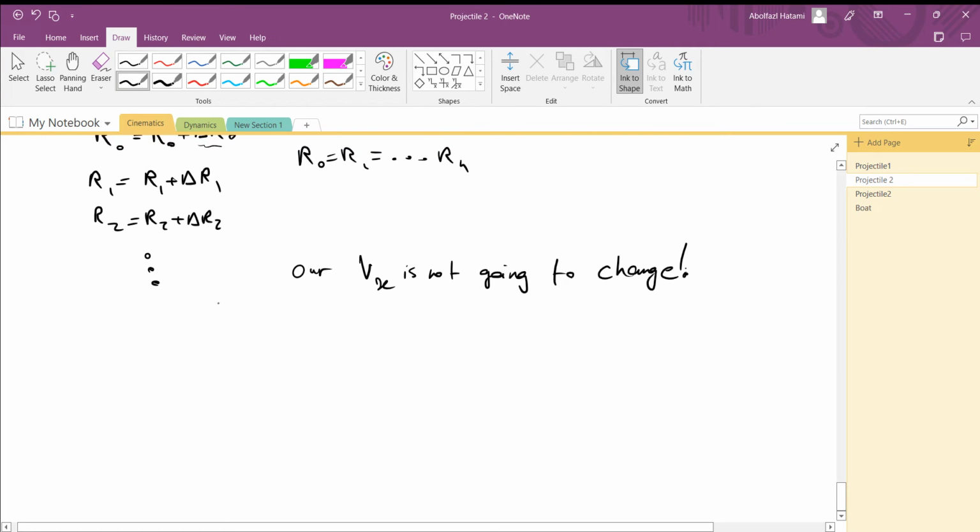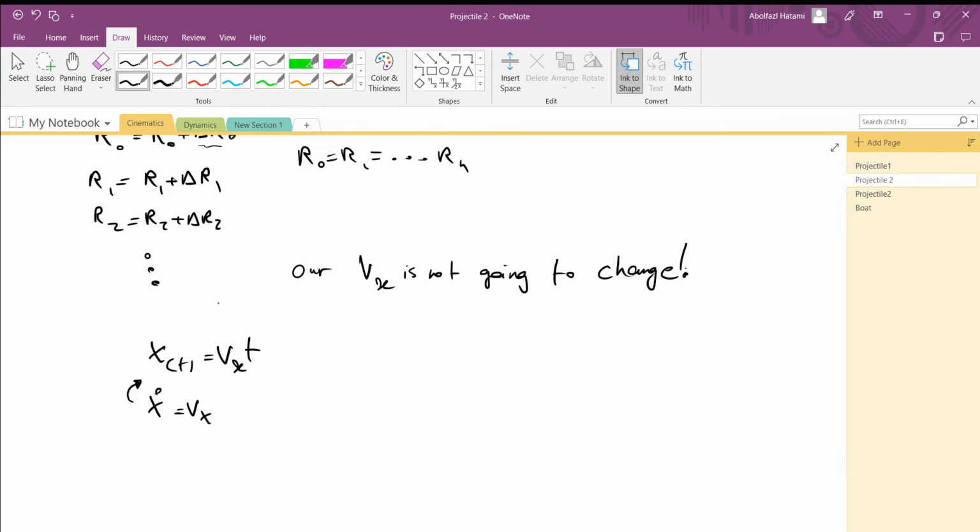So the x of t, and we understood that x of t is just vx t, because x dot is constant. So if we integrate this equation, and if we put the origin at the place where we shot the ball, we can say that x of t, as a function of t, is going to be vx times t.